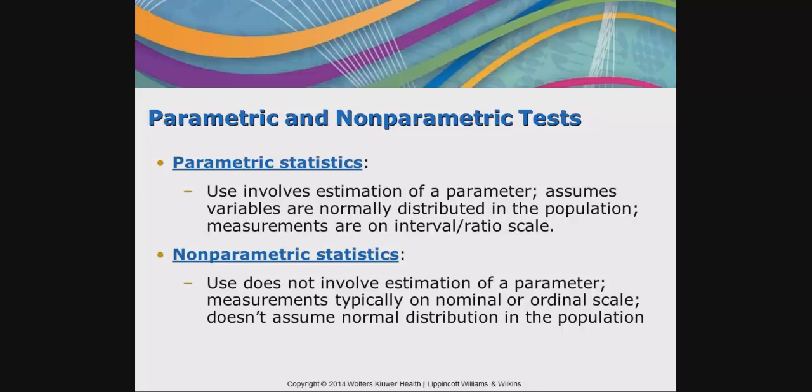Non-parametric stats are less stringent, and they do not make assumptions about the population. These use nominal and ordinal data, and usually are related to a small sample size. So these are two types of inferential stats that you may encounter.